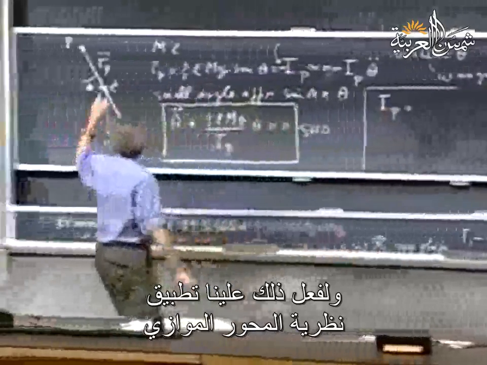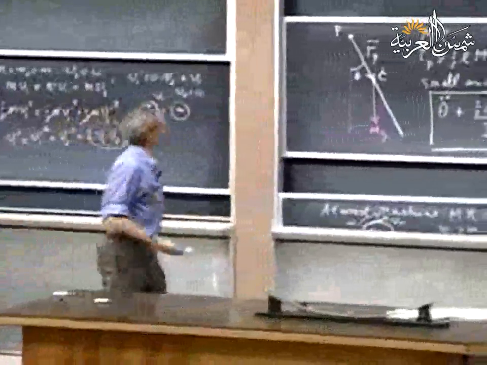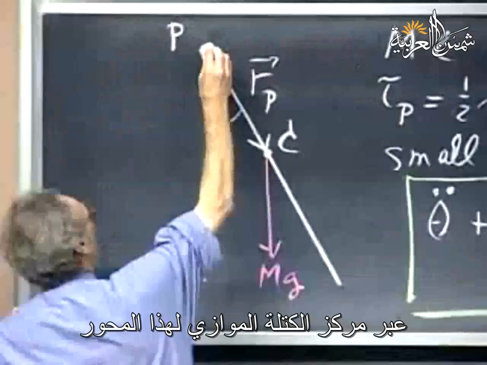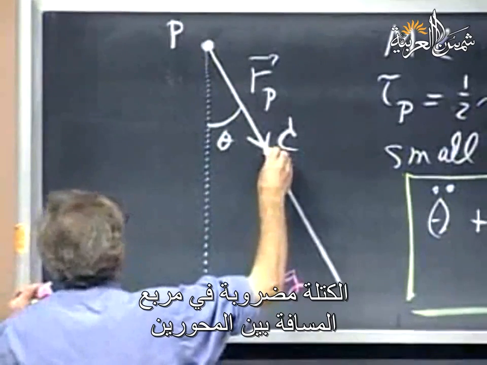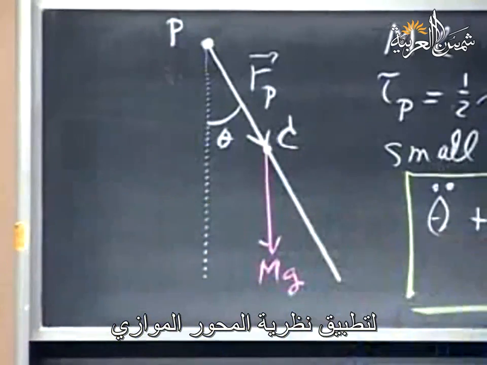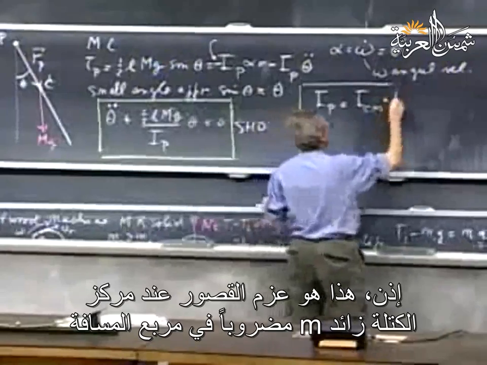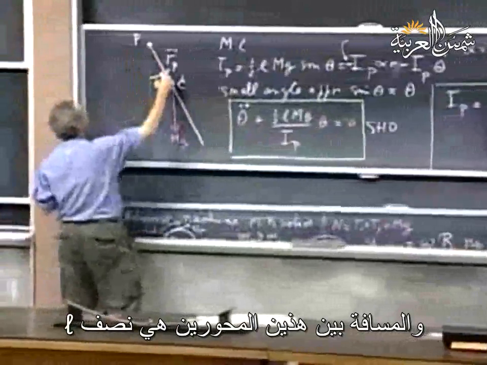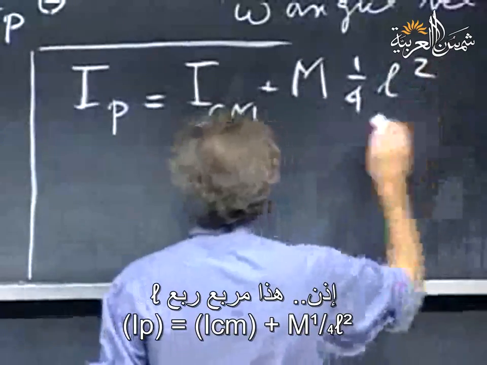In order to do that, we have to apply the parallel axis theorem, because you will probably be given the moment of inertia for rotation about the axis through the center of mass, parallel to this axis, and then you will have to add the mass times the distance between these two axes squared. So this is the moment of inertia about the center of mass plus m times the distance squared, and the distance between these two axes is 1/2 L, so this is 1/4 L squared.